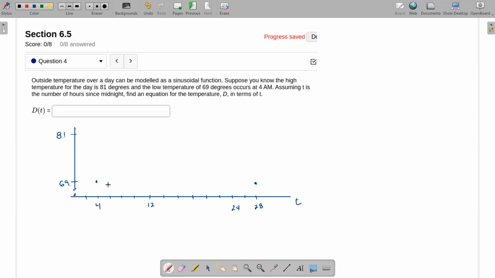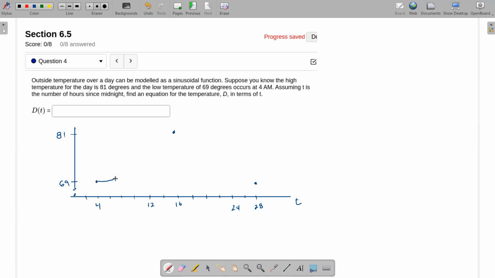The peak should occur in between there, right? 12 hours later, after 4 plus 12 is 16. So the peak should be here. So that is one complete wave.